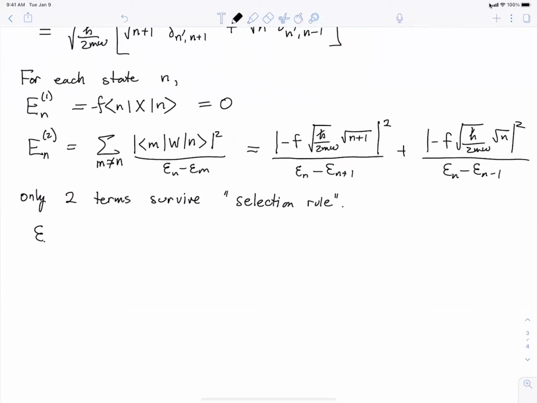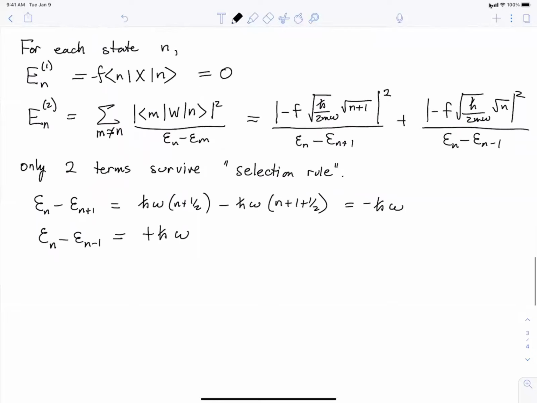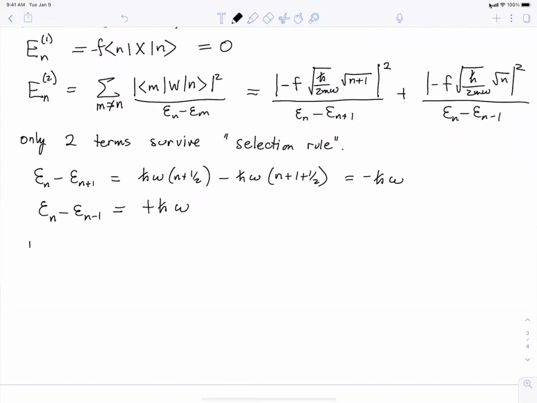So E_n minus E_{n+1} is ħω(n plus 1/2) minus ħω(n plus 1 plus 1/2), which is minus ħω. And similarly, the other denominator we need is this, which is going to be positive ħω. And so now we can put everything together into that second order correction.